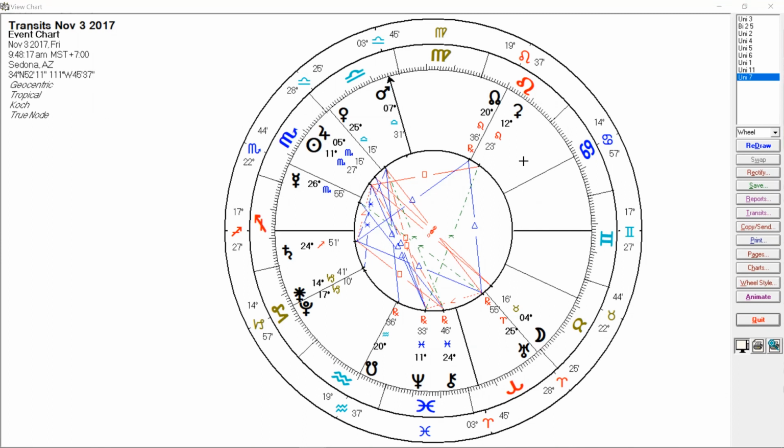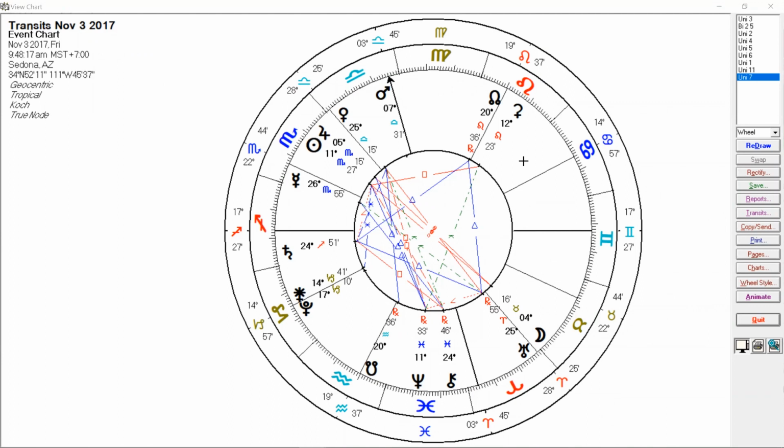Based on that, they will always assess what is durable, what is reliable, what can I bet on, where would I put my money? And so the Taurus moon seeks security and durability in everything.